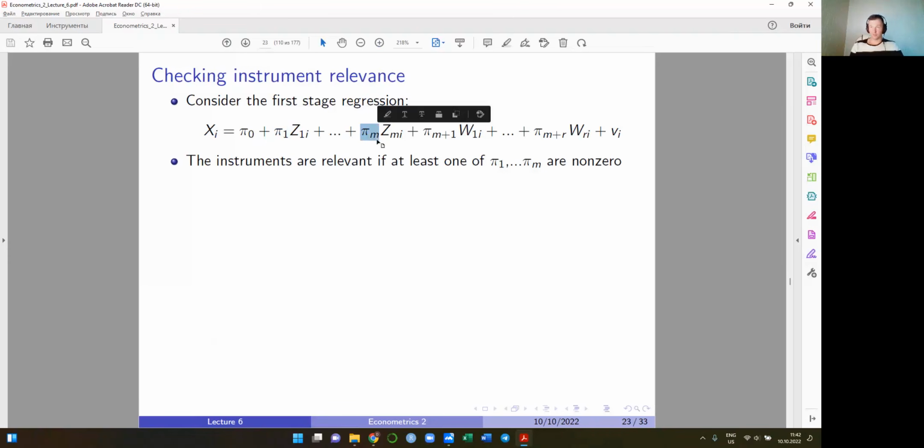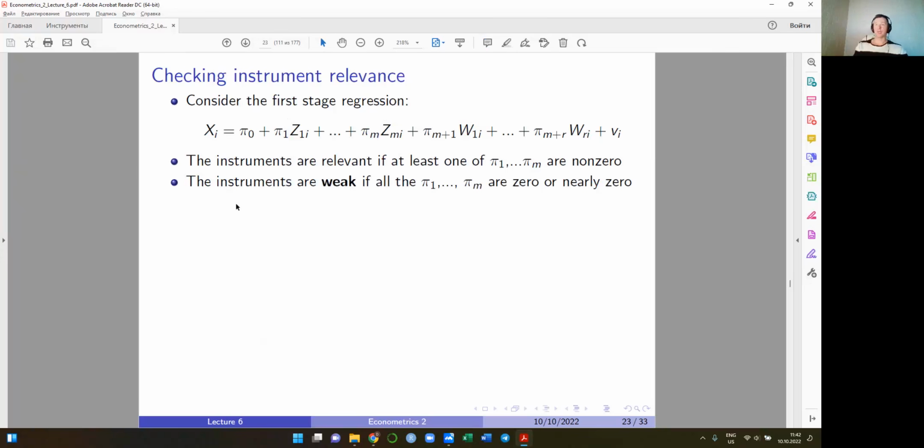This is very obvious, right? Because if you are able to predict X with the help of at least one Z, you're okay. Further terminology: we call the instruments weak if these pi's are 0 or nearly 0, because weak instruments explain little of the variation in X.